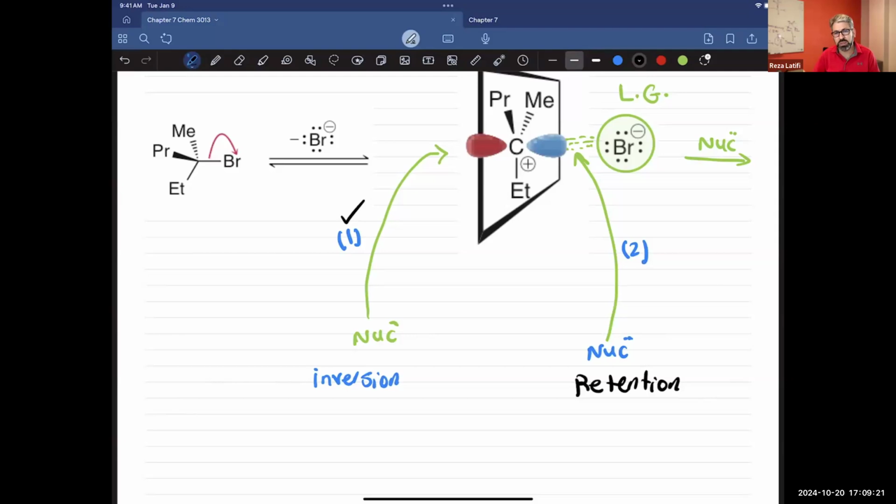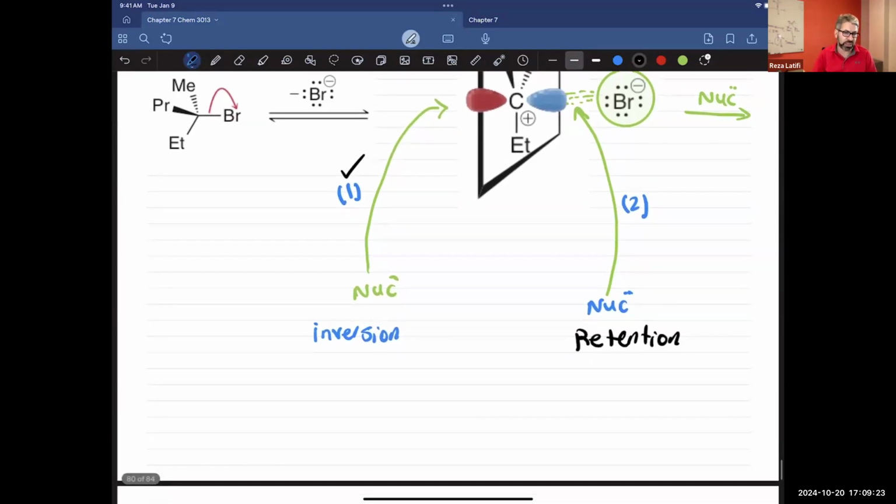So what does it mean? It means the one with the inverted configuration will have a higher percentage. Remember, here we said this one is S, so the percentage of the R is going to be higher than the percentage of the S configuration. So we're going to have some excess of R. The observed rotation is not going to be 100% zero.